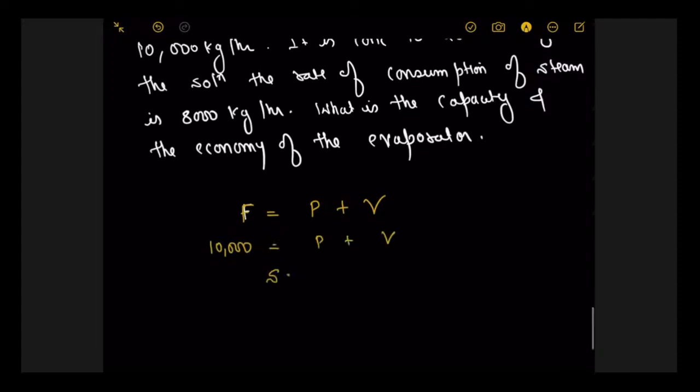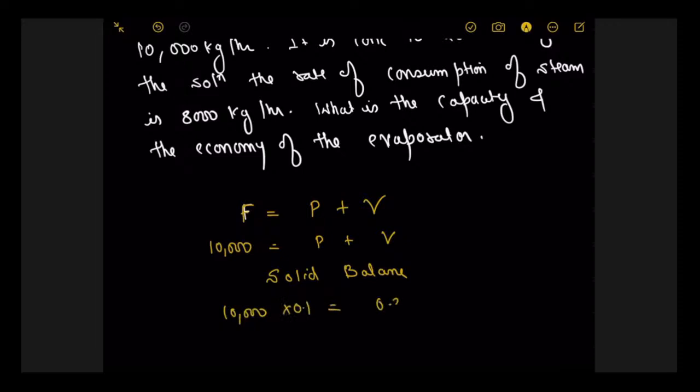So now we can do a solid balance. 10,000 into 0.1.